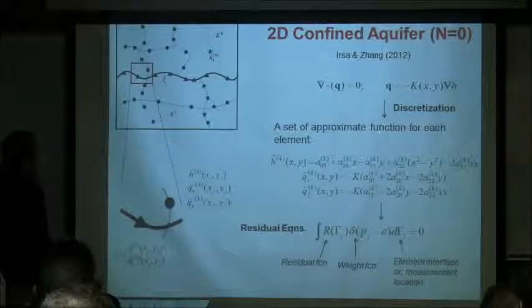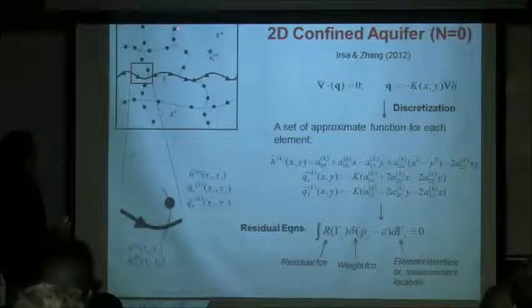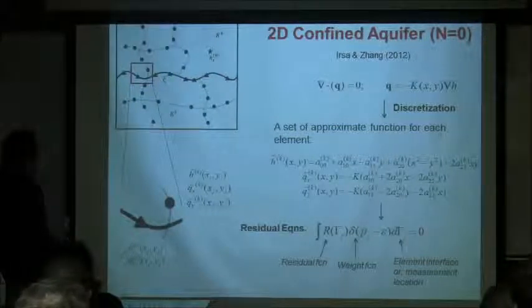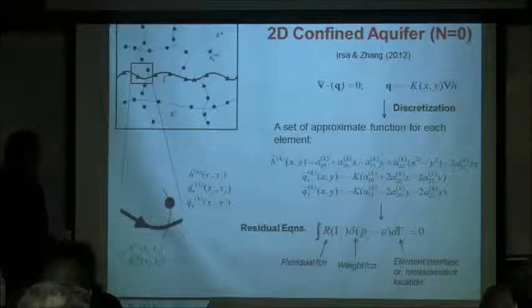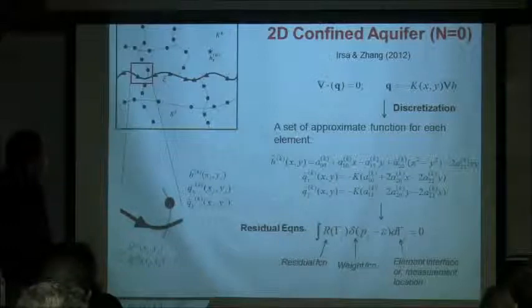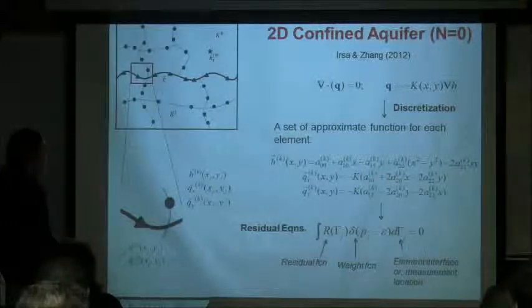For a given inverse grid, this is a two-dimensional inverse grid where this area is one grid cell, this is another grid cell. We can discretize the flow equation onto this inverse grid. The way we do it is that we write a set of approximation functions of hydraulic heads as well as Darcy flux components.